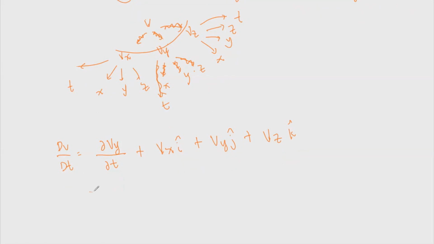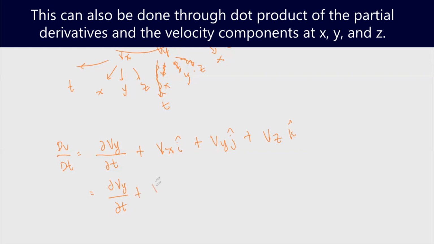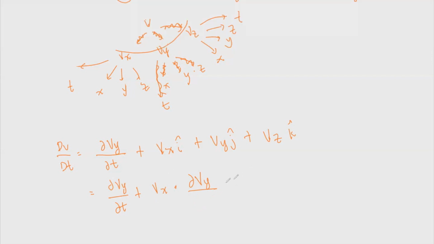So we have this equal to the partial derivative of vy with respect to t, and then plus vx multiplied with the direction, so that is the partial derivative of vy with respect to the x component, because this one is the velocity profile at the x component, and then we add vy times the partial derivative of vy with respect to the y component, and then we add vz times the partial derivative of vy with respect to the z component.